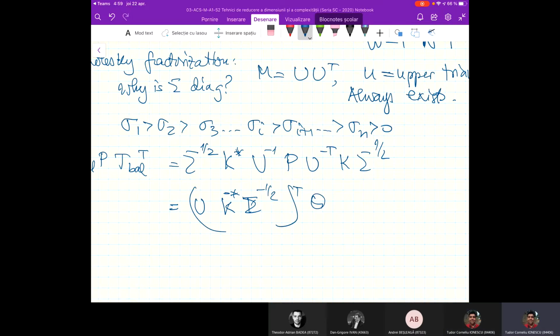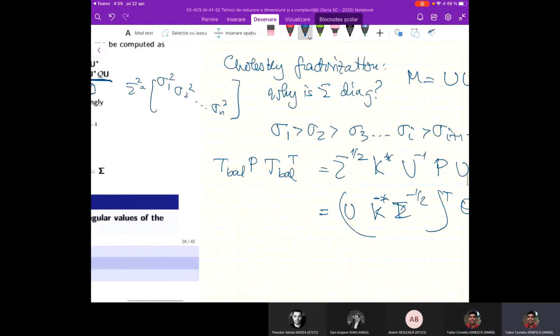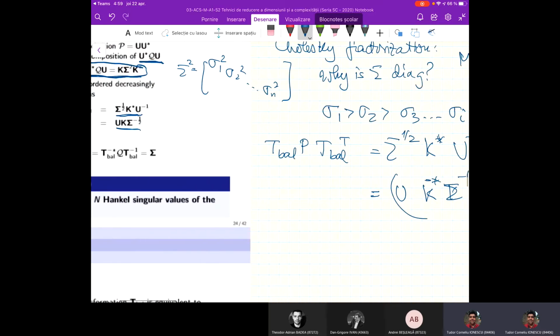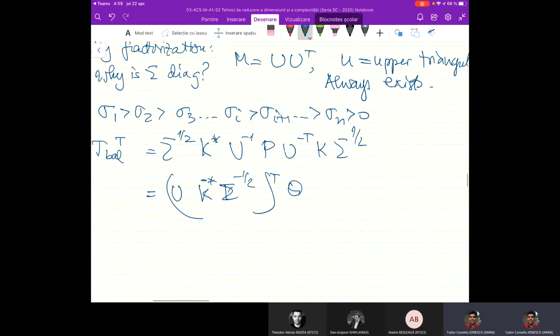Q, not Q, oh yeah, Q. And then T bal inverse. So this is sigma like this, K inverse U transpose, okay?